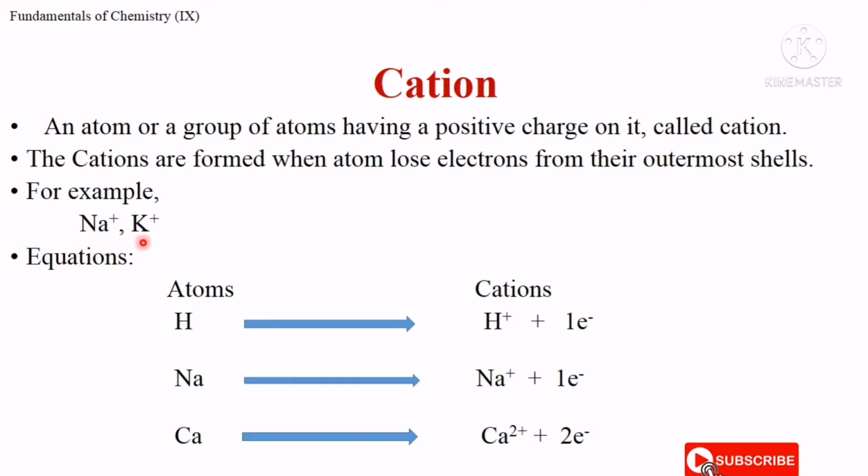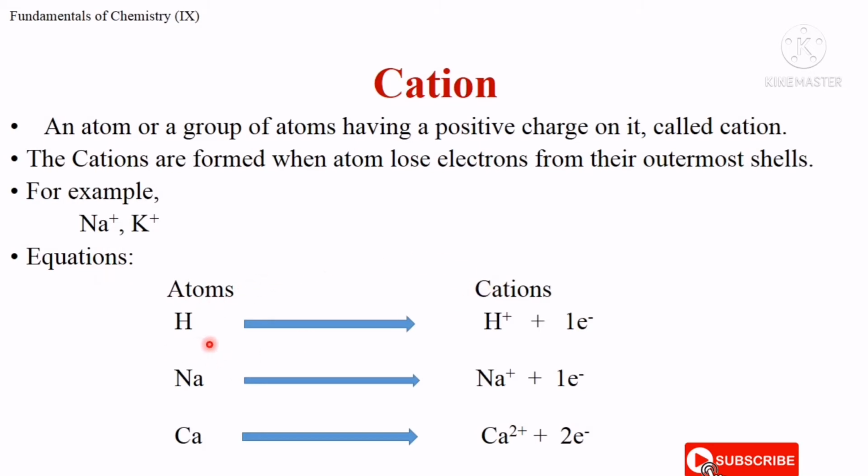In the same way, when potassium loses its one electron and hence gains one positive charge on it, a potassium cation is formed. For example, there are some equations that show how atoms are converted into cations.